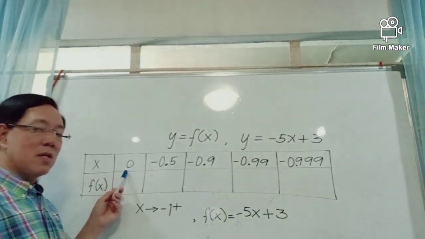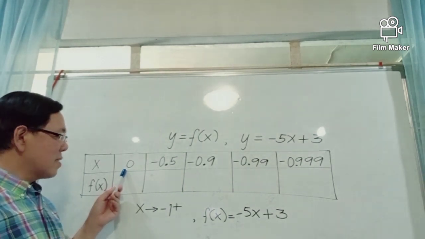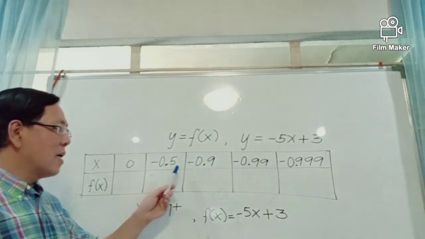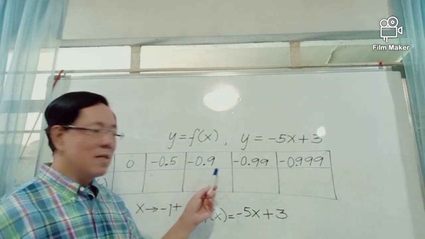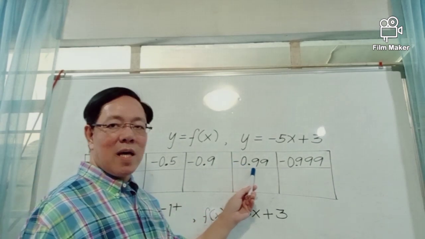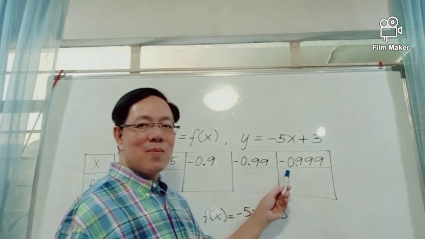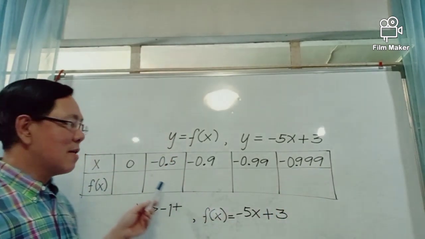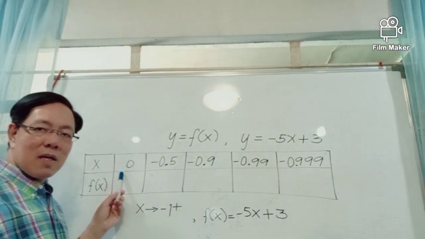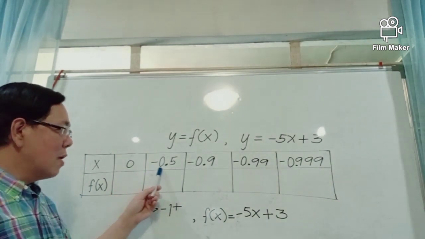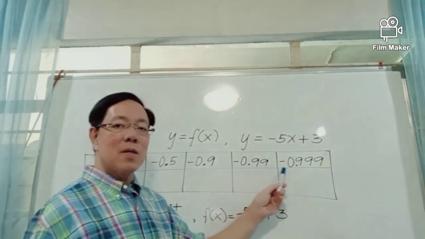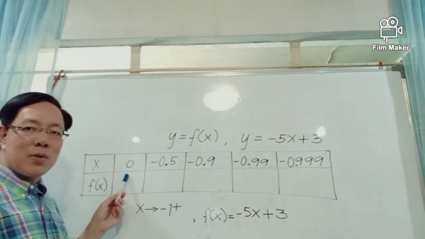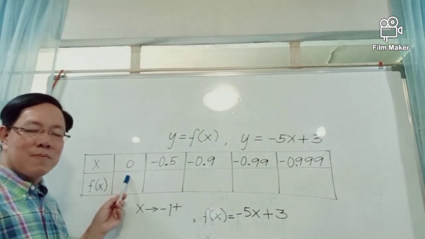And then from 0, I will assign negative 0.5, negative 0.9, negative 0.99, and negative 0.999. You can see that these values of x from 0 are approaching negative 1 from the right, and 0 is a number to the right of negative 1.